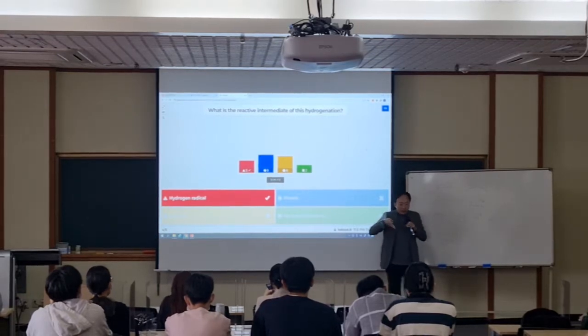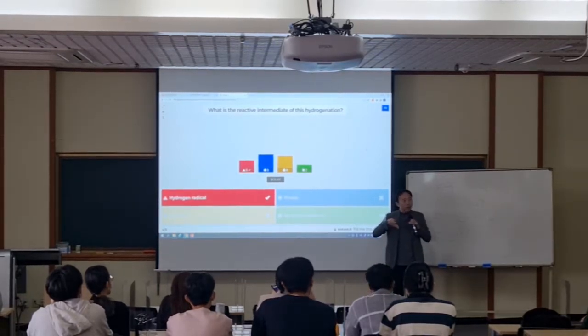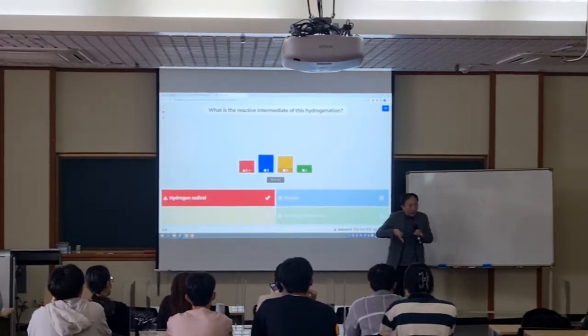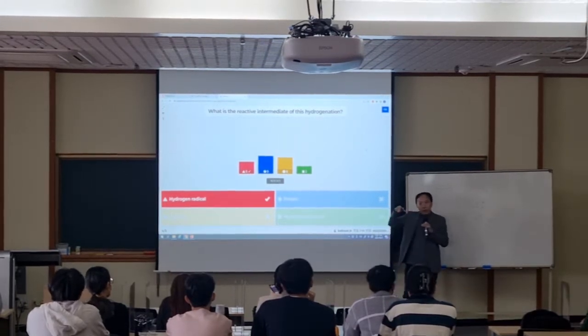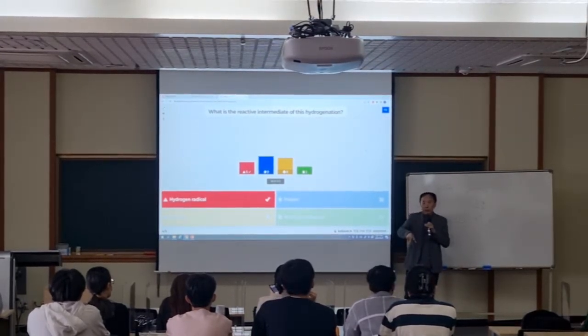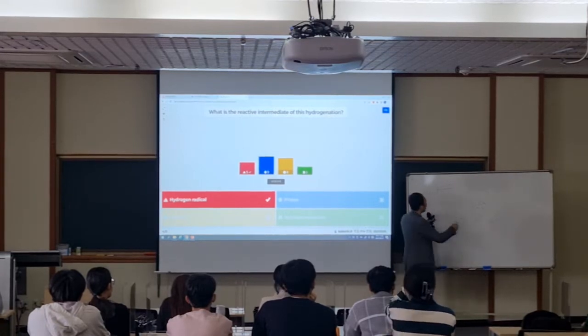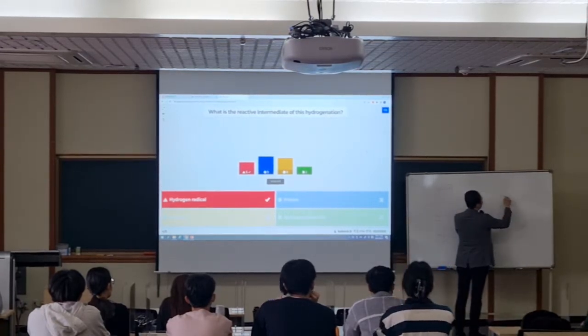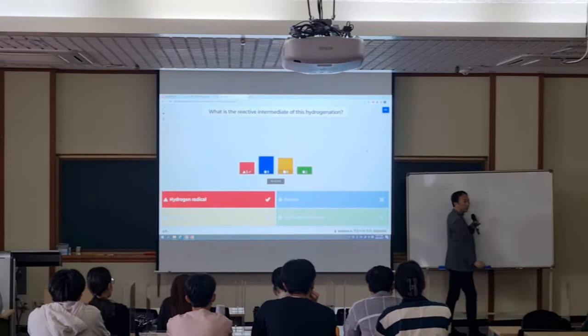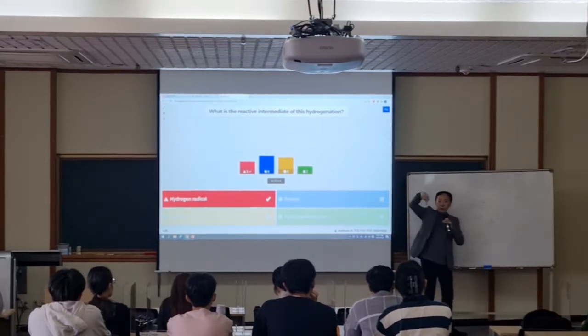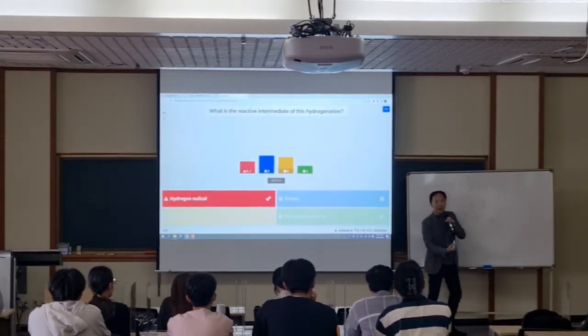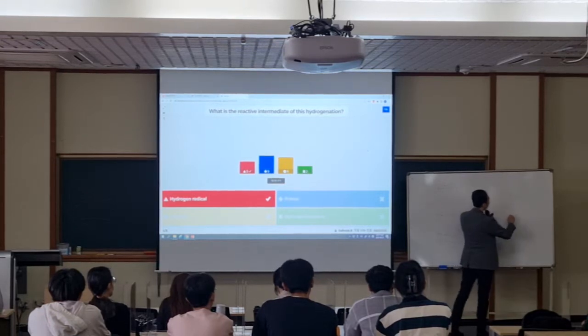So then, if these two hydrogens from the hydrogen molecule go together, then usually they go to the same side of the double bond. That same-side addition we call syn addition. If it is opposite, one goes here, the other goes from the other side, we call it anti-addition.